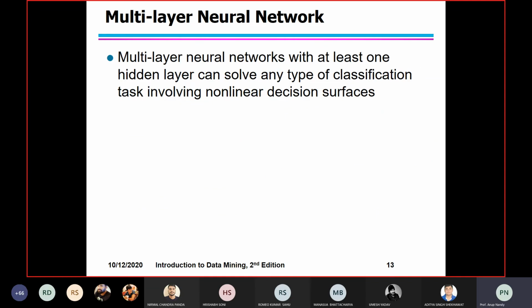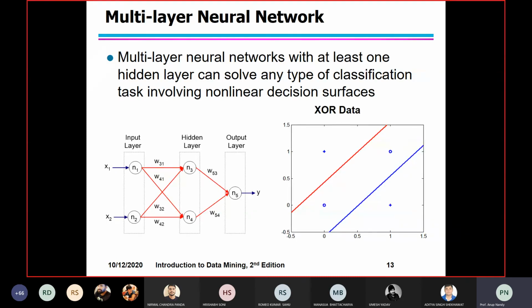This multi-layer neural network with at least one hidden layer can solve any type of classification task involving a nonlinear decision surface, like XOR. There's an input layer, then the hidden layer, then from the hidden layer you go to the output layer. As you can see, these two classes are separable by a nonlinear decision surface. These things are one class and these things are another class.